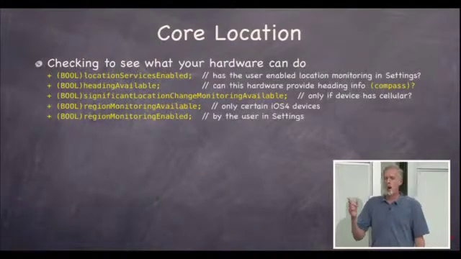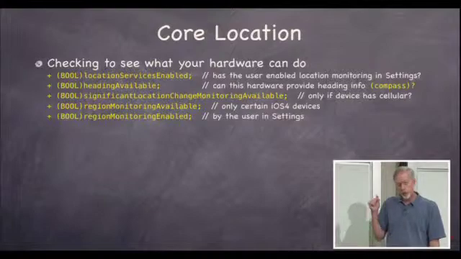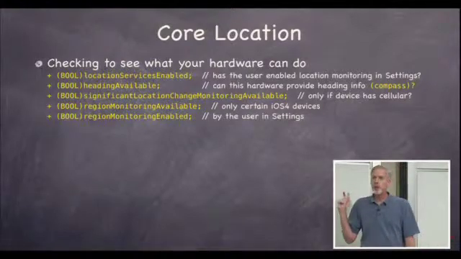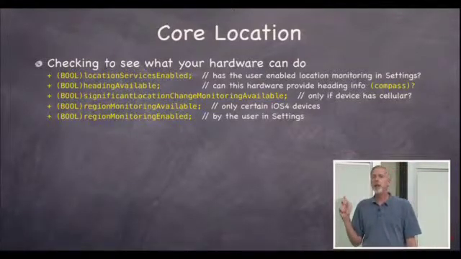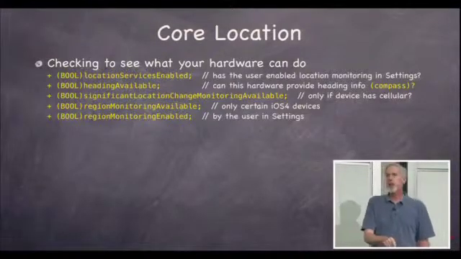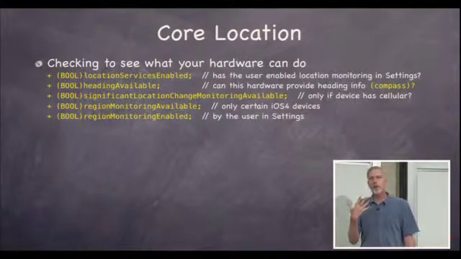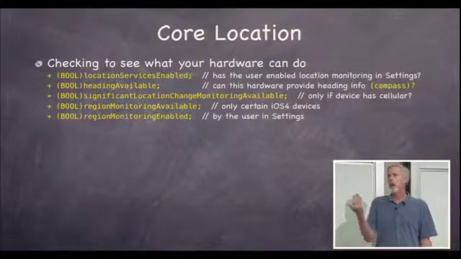All right, so step 1 was to check and see what your hardware can do. These are some of the examples you have to look through. You have to check things like whether location services are enabled, because the end user running your app, when you start asking for this stuff, is going to get an alert put up by the system that says this app wants to use your location. You've seen that, right?